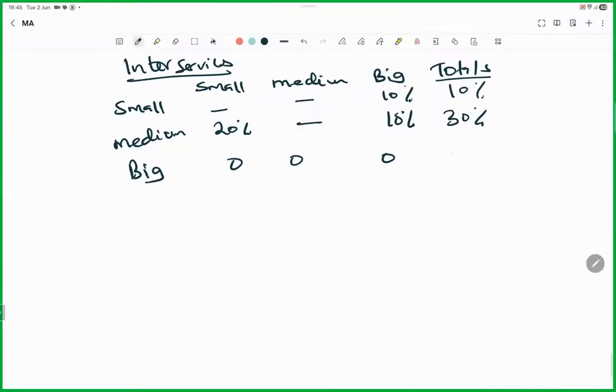And big, lastly, 0. So before you write, please listen very well. Come and rank these service departments. Which one takes number one? Medium. Followed by small. And then followed by big.